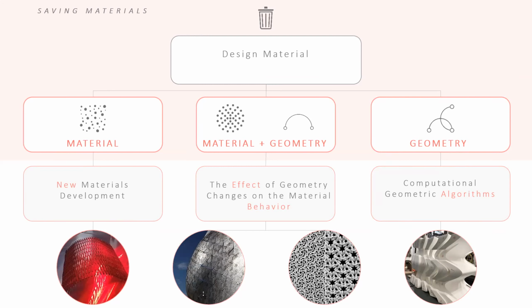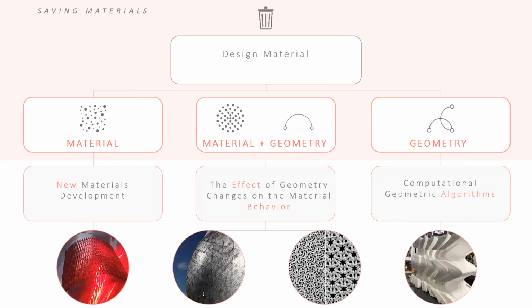So adding a new material to the template of architects is one aspect, but we can also work with the geometry, and computational geometry can make the performance of the material better. But I think the major thing is going to happen when, during fabrication, you can change the material behavior.